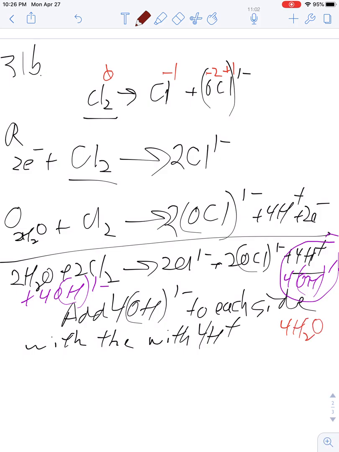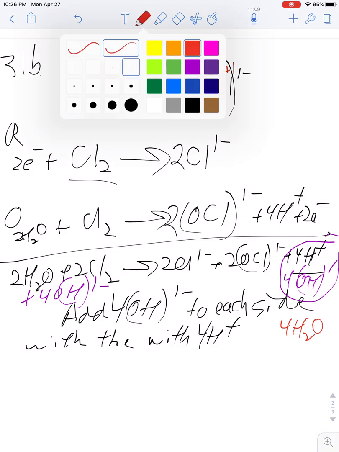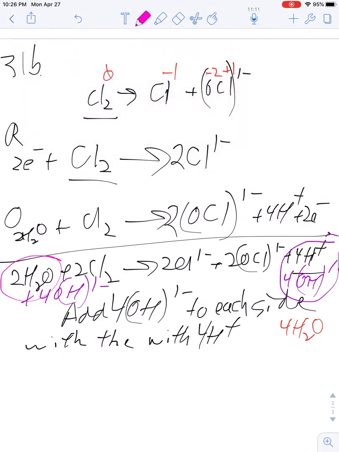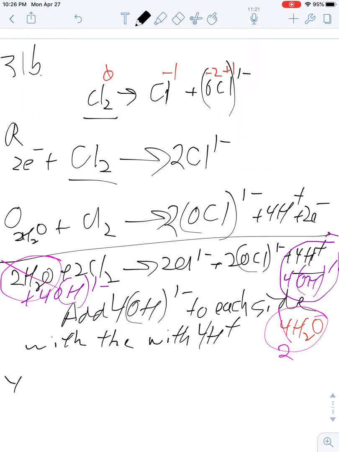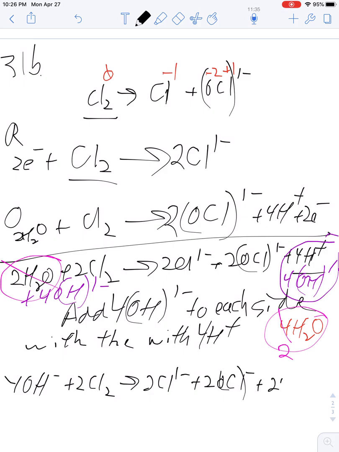So now what you get is 4 waters on the right side, but you also got 2 waters over there. So these 2 waters will now cancel with 2 of those that you just formed, and then our overall reaction becomes this. 4OH plus Cl2 plus 2Cl minus plus 2OCl plus 2 waters.